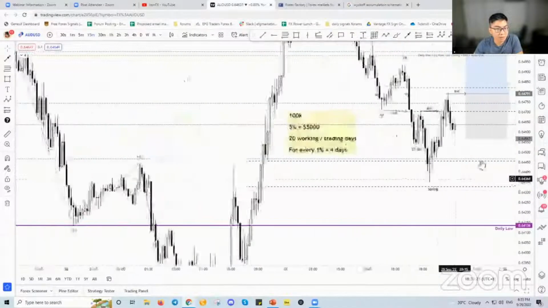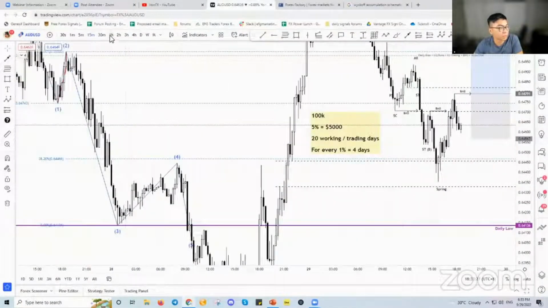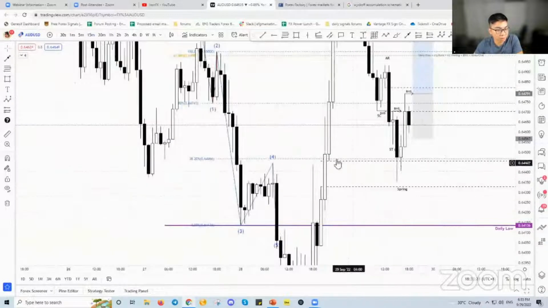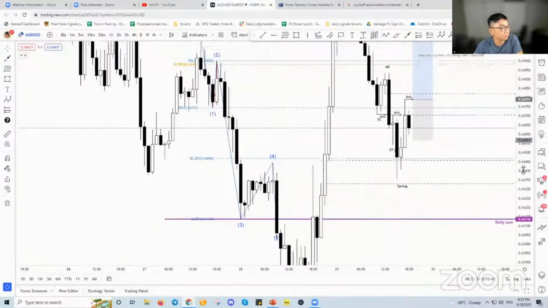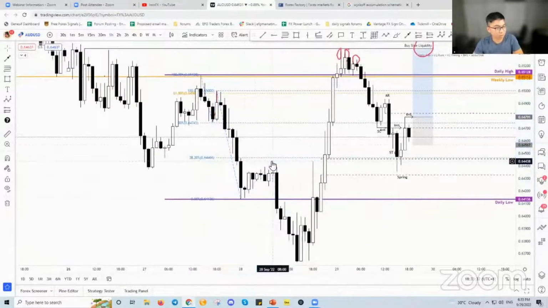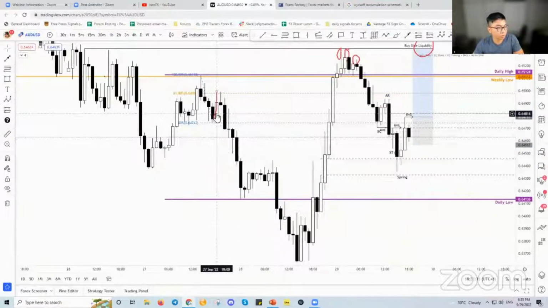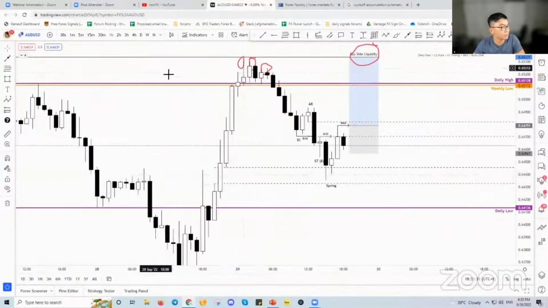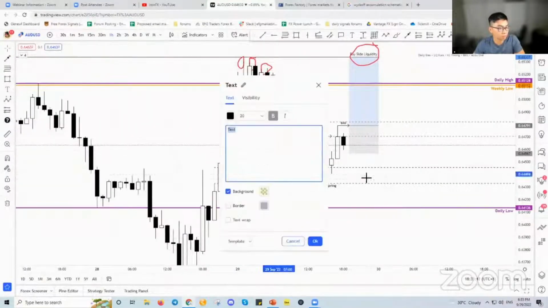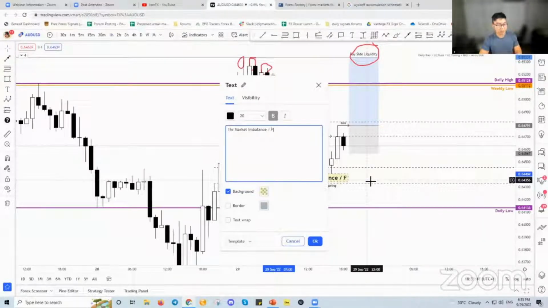Why I think this trade might potentially be a high probability setup is also due to the imbalance. This is the hourly imbalance. I'll write it out: 1 hour market imbalance, or ICT would like to call it the fair value gap.